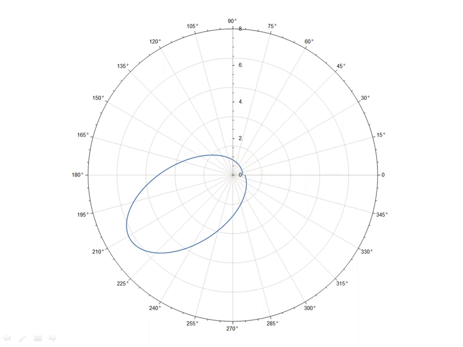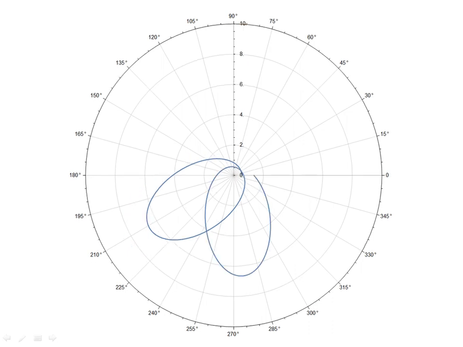Let's add another 2 pi to see what happens. There, and it keeps going, so it comes around here, and here's the second lot of 2 pi. And again, it just does not close, and that's a precession. And you can see if you look roughly at the semi-major axis here, the first one, it's about 215 degrees. And if you look here, it's about 275.